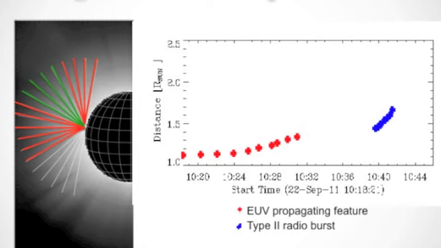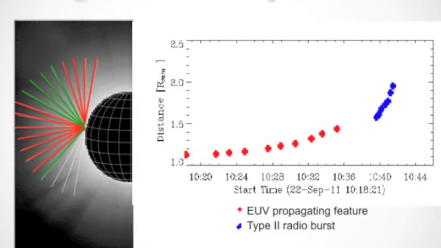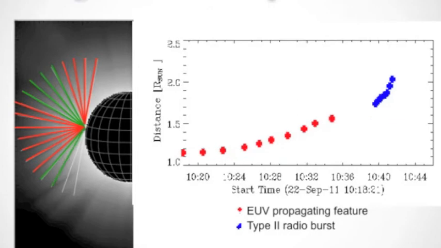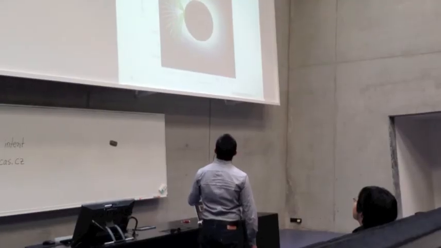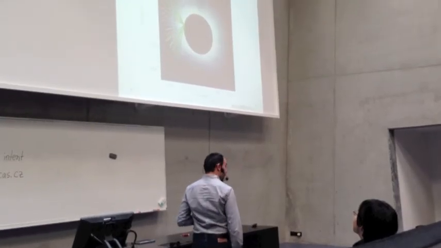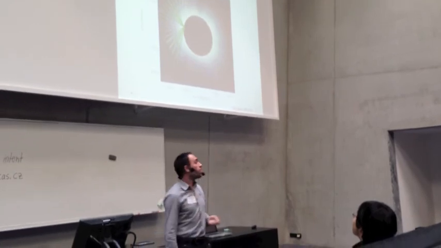It doesn't match in this portion of the profile, and it matches again in this other portion here. And so we have these two areas where we have a matching height-time plot.